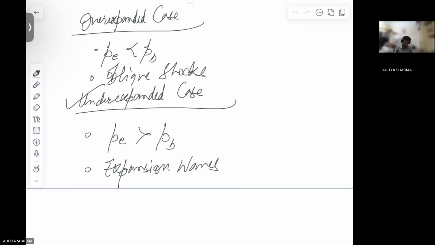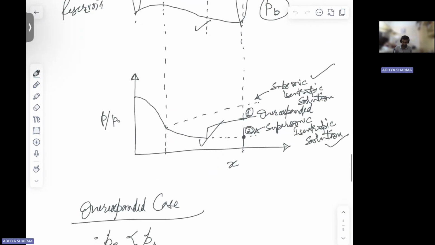So here, let's say you have exit pressure at 1. Okay. Now if you move your exit pressure to 1 dash location, this shock is going to again go downward in your divergent section, okay.